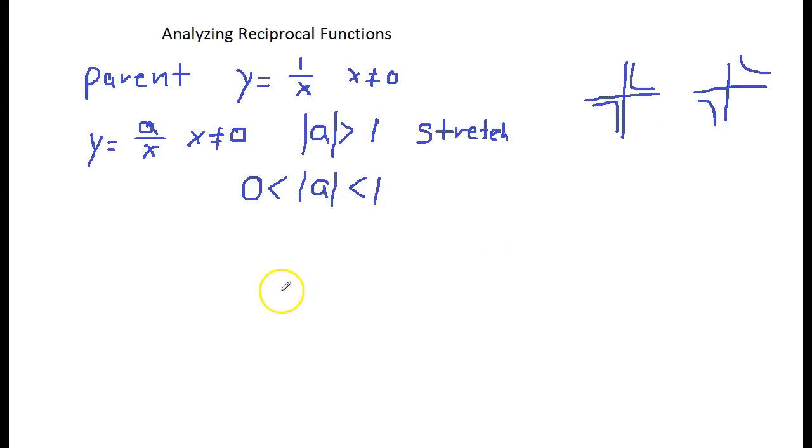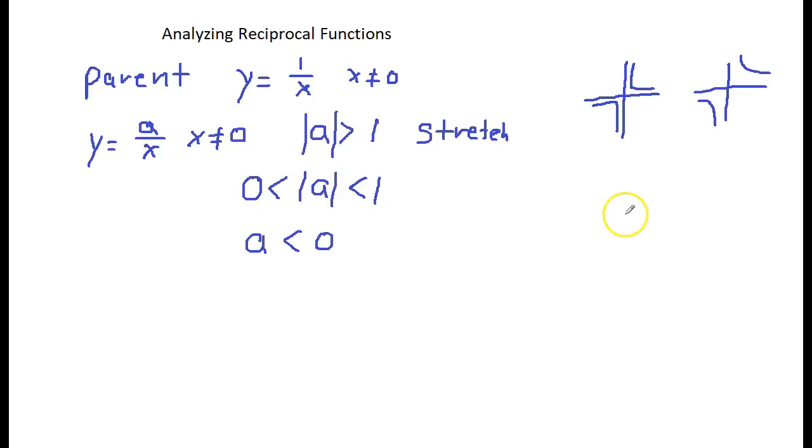Okay, now what if the value of a, not the absolute value, but the value of a itself, is less than 0, a negative number? Well, you see how this goes like positive x and positive y, negative x and negative y, and you know a double negative makes a positive, right?